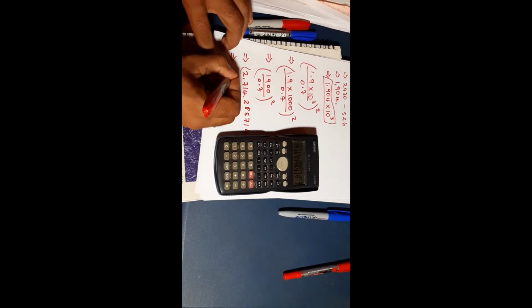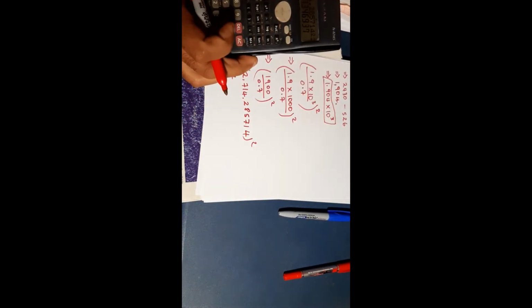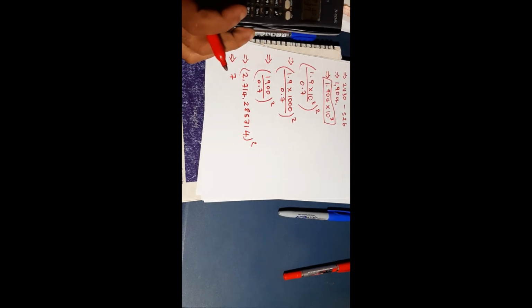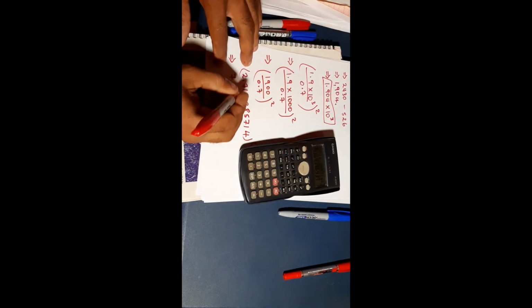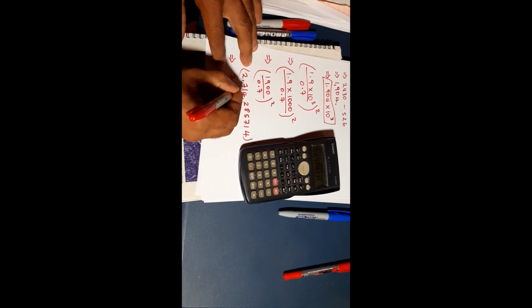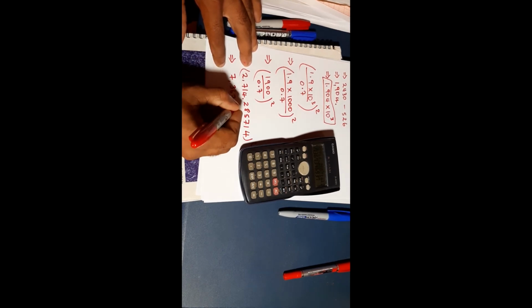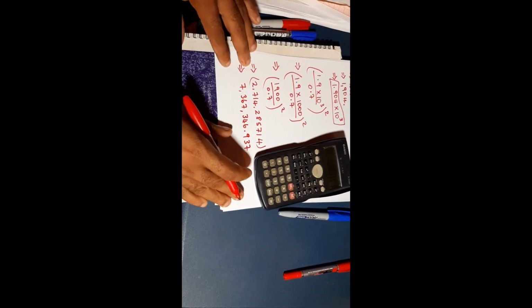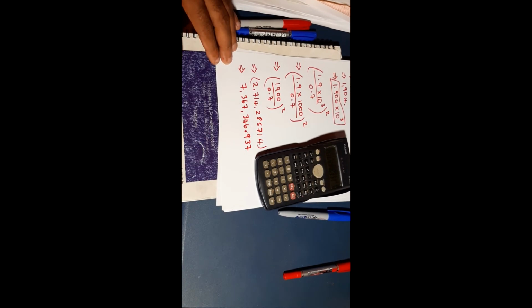That's going to give me 7,000. No, it's not 7,000. It's actually 7 million. So it gave me 7,367,346.937. So this answer, they want it in standard form.